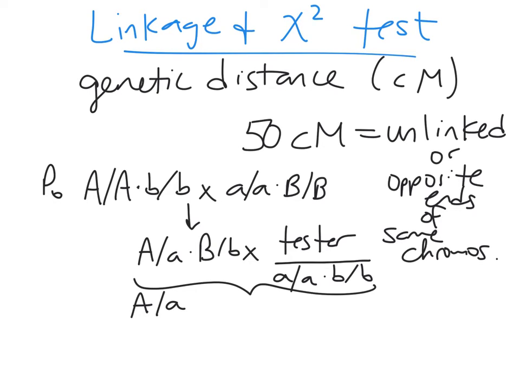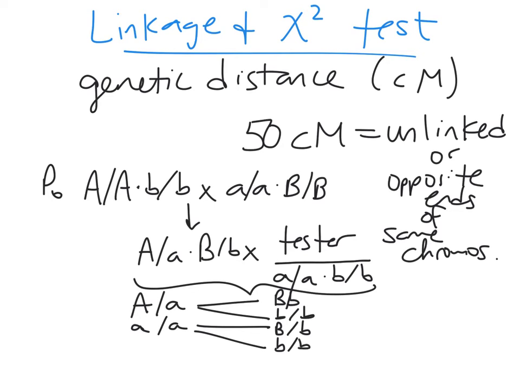You can get little a's with little a's. And for each of those types, you can either have a big B with a little b or a little b with a little b. Making these 4 possible genotypes.